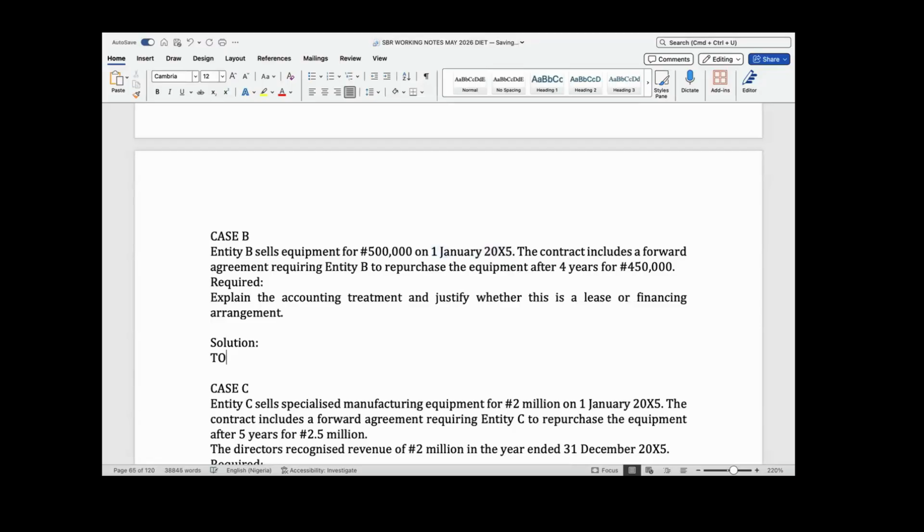Now, first is that this is a repurchase agreement, and specifically, it is a forward contract, as mentioned in the question.